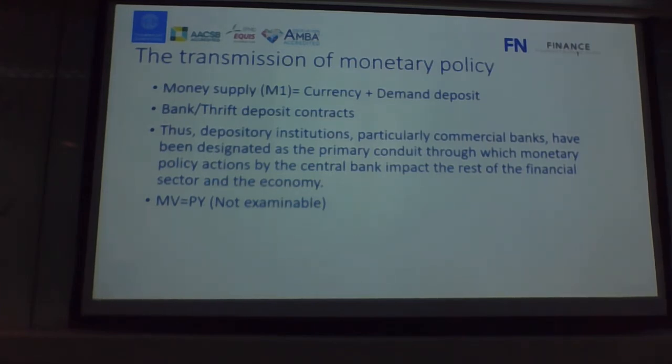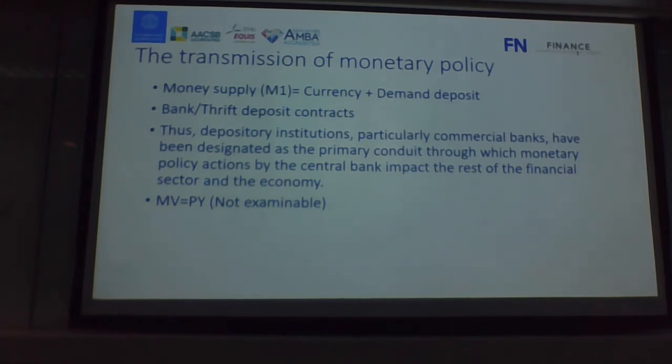In order to obtain equality, P is fixed, so P cannot move. Y must increase instead. Y is real GDP. So in the short run, when the price is fixed, the central bank increasing the money will affect the real economic activities.